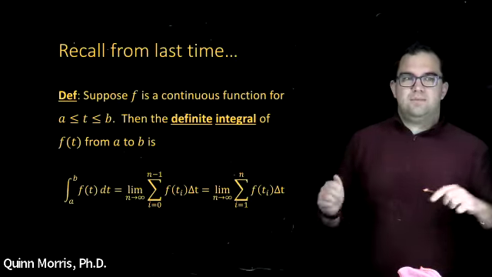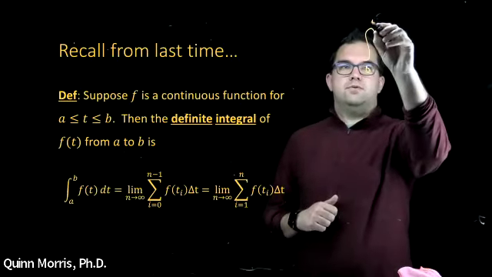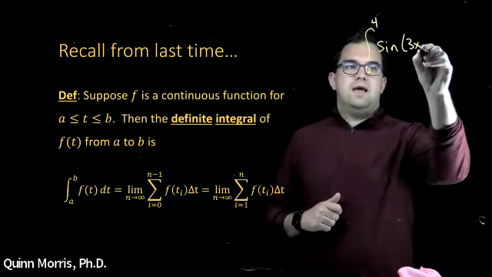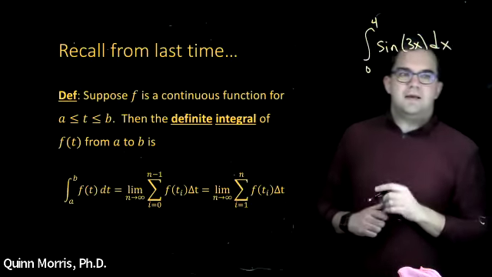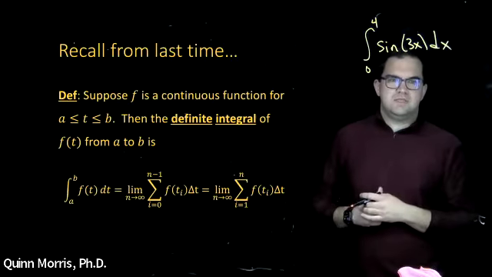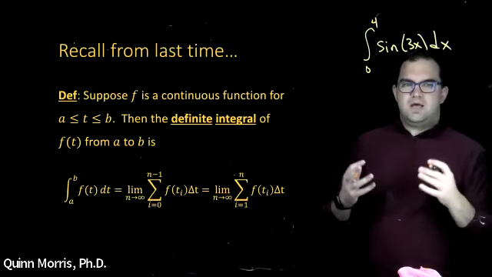For example, if you wanted to find the integral from 0 to 4 of sine of 3x dx, that would be pretty difficult to do using this limit definition. You need to take the limit of this sum.